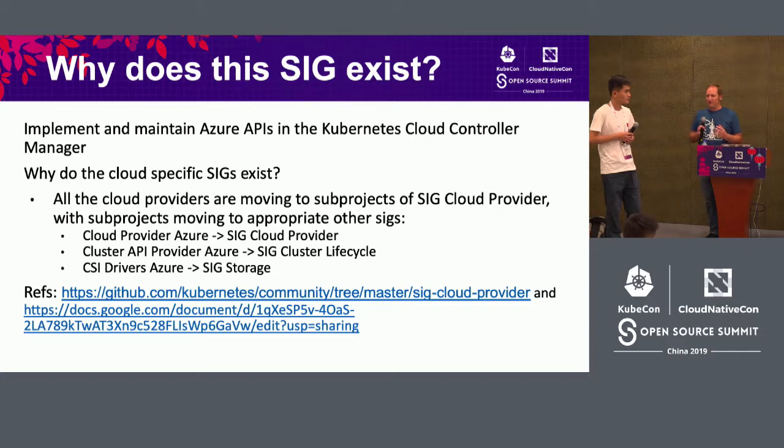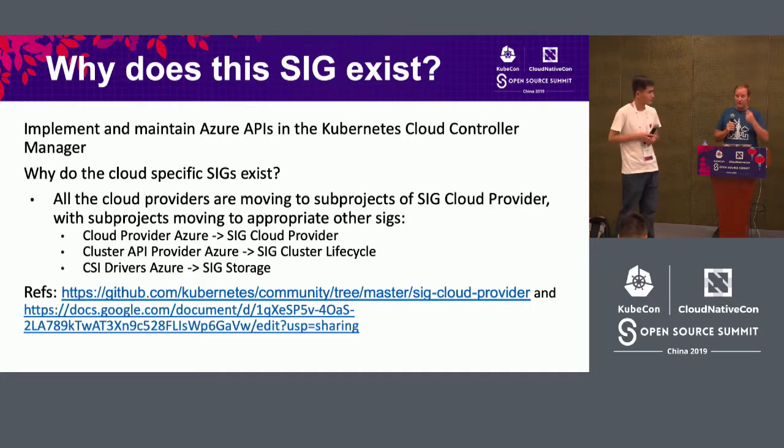The transition from the individual Azure-based SIG to the cloud provider SIG, with sub-projects under it, also reflects the change in the way cloud providers are taken advantage of in Kubernetes itself. We've come to a common agreement among the Kubernetes community that cloud providers should operate in a common way, so that when people are running their Kubernetes clusters on different clouds, you have a common set of expectations and ways in which you work with it.